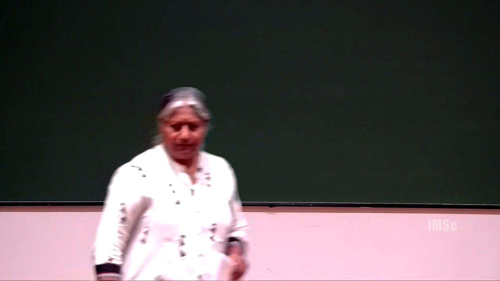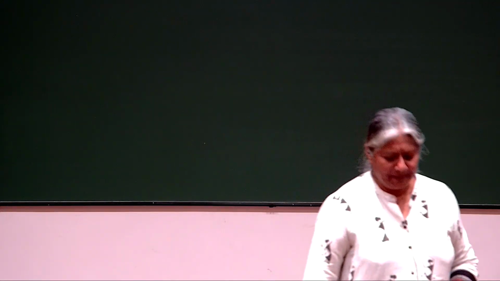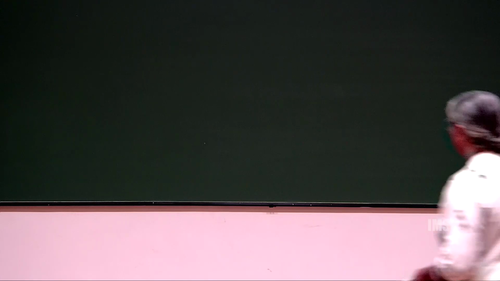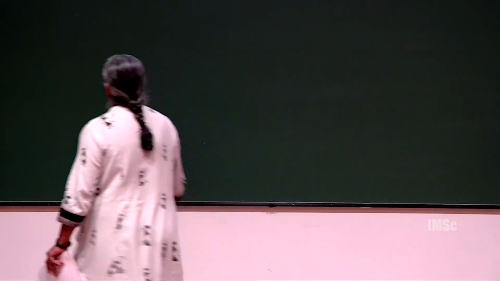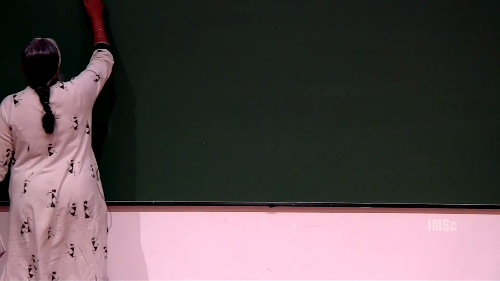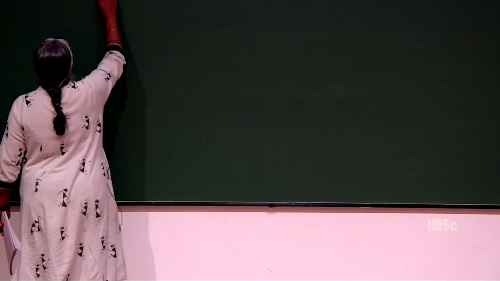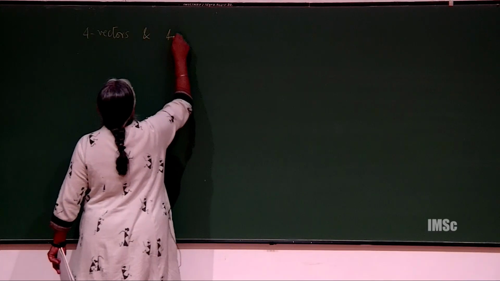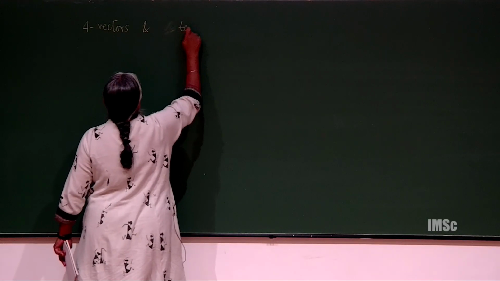Before I start the review on electrodynamics, I actually wanted to stop with the Lorentz group and transformations, but I found that I need one more property. So let me go over what I said in the last class. We were talking about tensors and vectors, 4 vectors and 4 tensors.